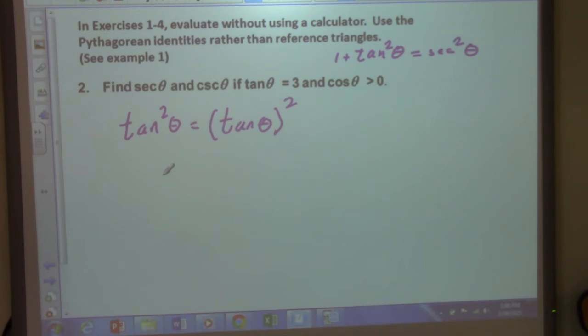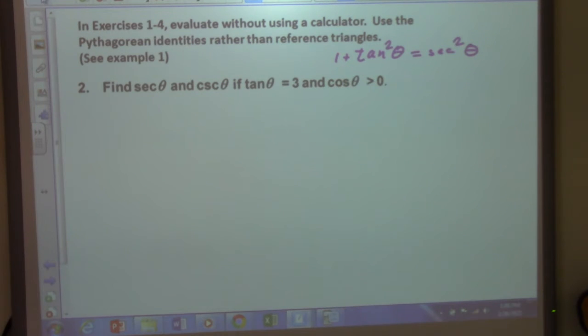Does that make sense? It's just something you have to get used to, and it's not going to be that hard. So anyway, now we have our revised trigonometric identity right here.